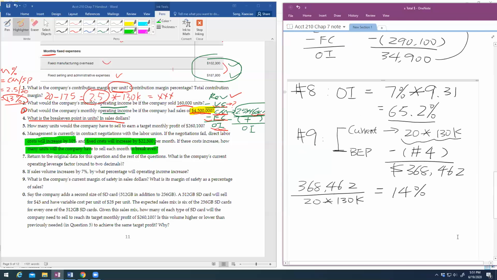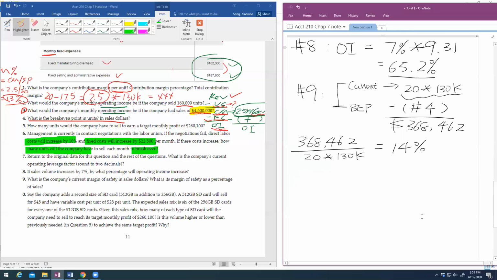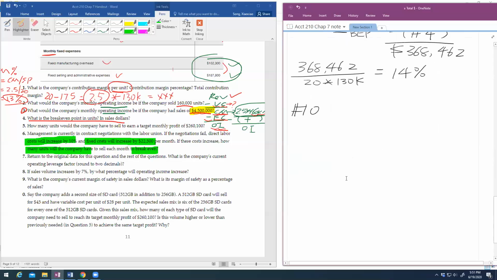Take a deep breath. Now let's go all the way to question 10. This is a good example to practice the sales mix. I'll work with you. Now you have a second product, the 512 gigabyte.